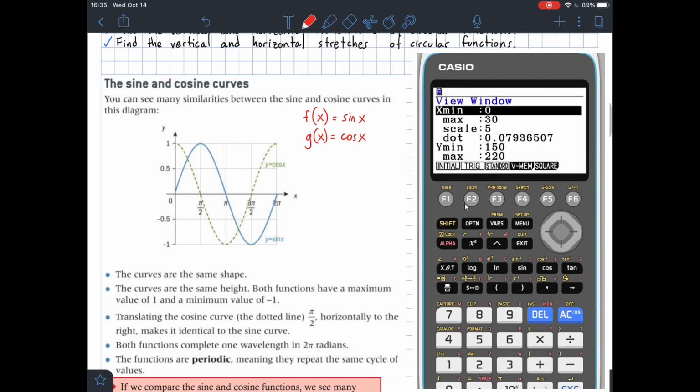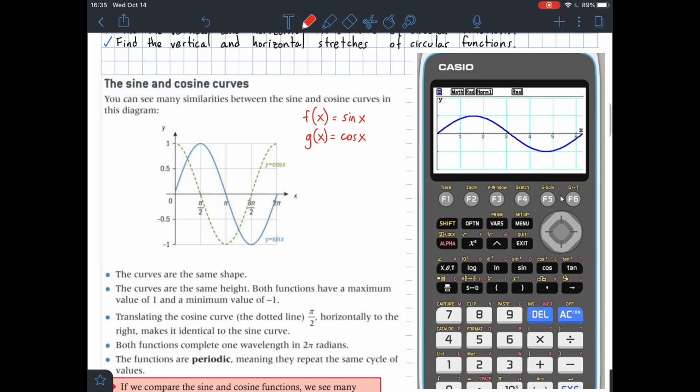We're going to go from 0 to 2 pi, scale 1, and from -2 to 2, scale 1, just to see how this function looks. So this is the sine function. You see that it starts at 0, covers a full period, and ends up in the same place.